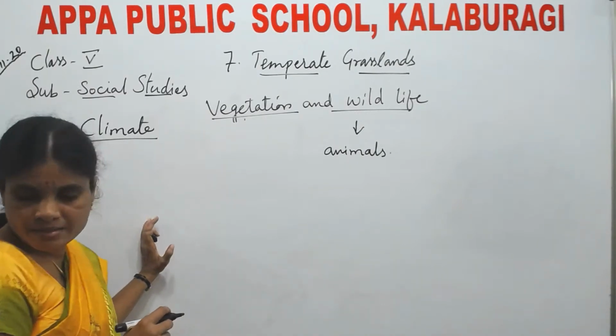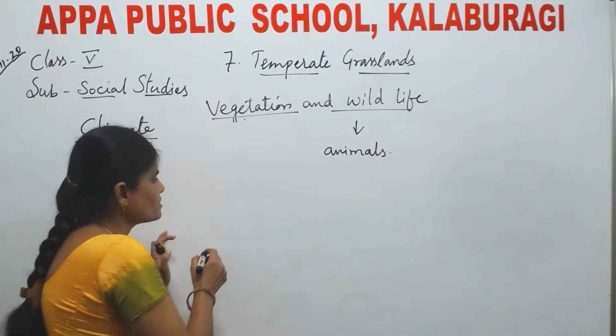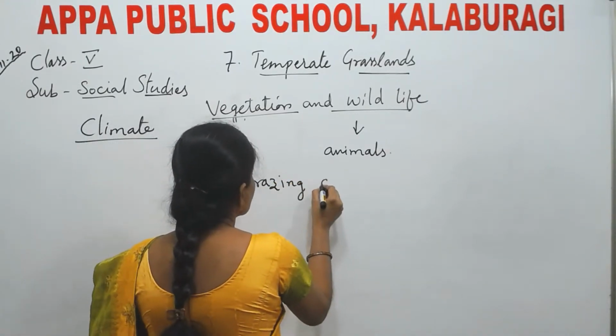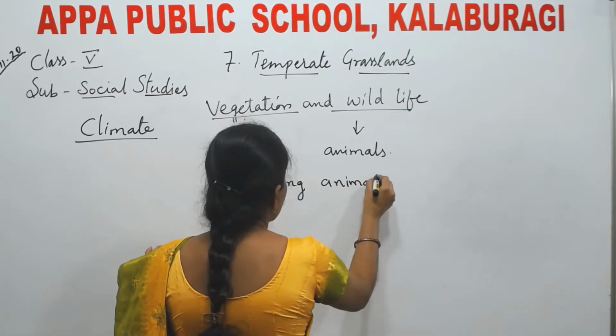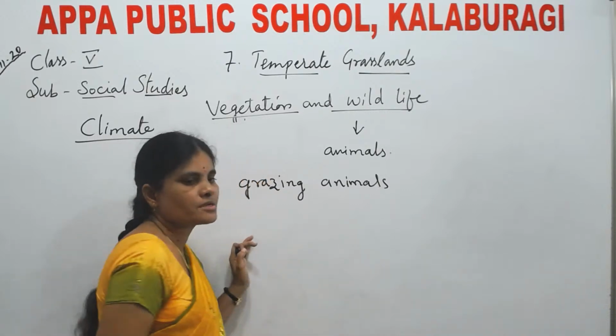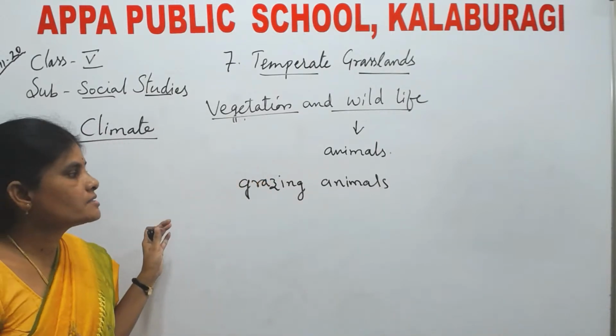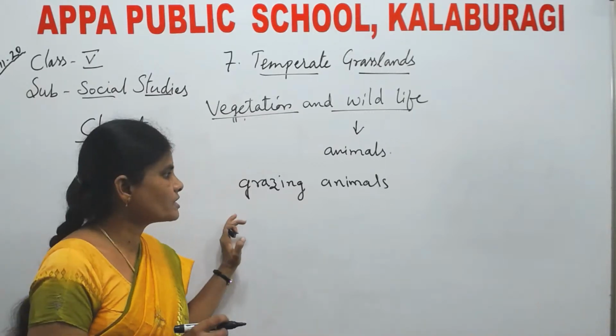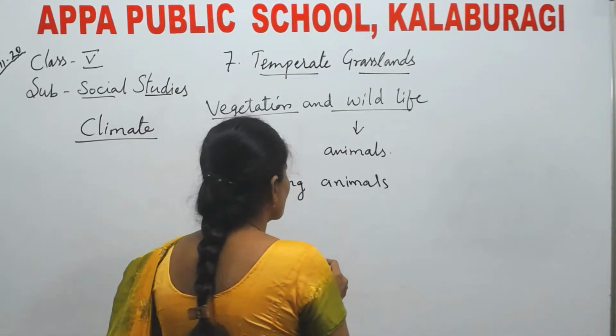The temperate grasslands have a variety of grazing animals. What do you mean by grazing animals? Grazing animals are nothing but grass-eating animals. The temperate grasslands have a variety of grazing animals as well as rodents.